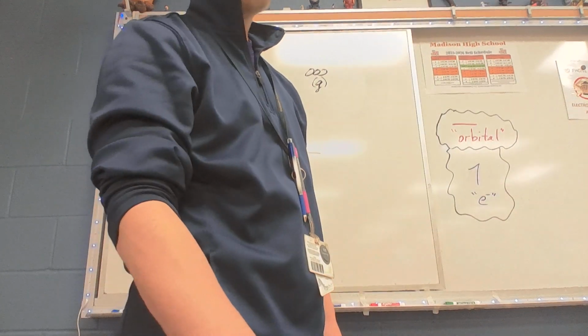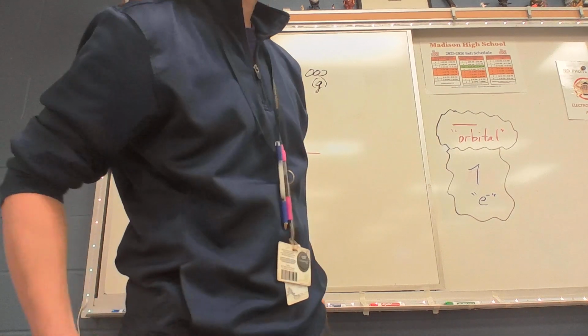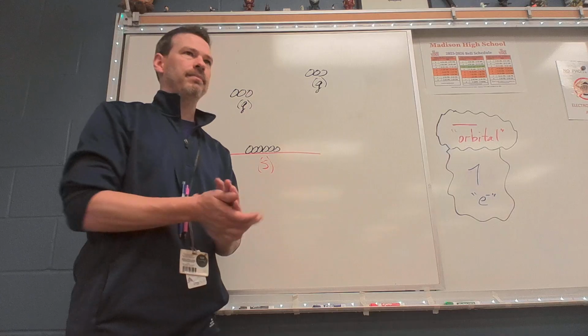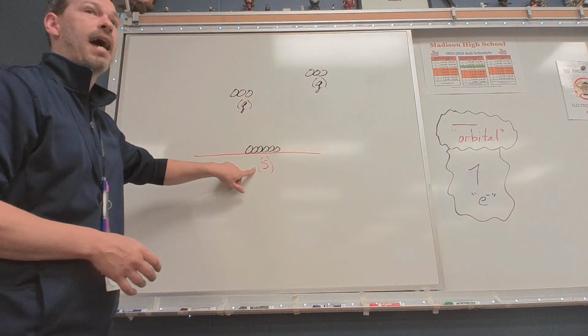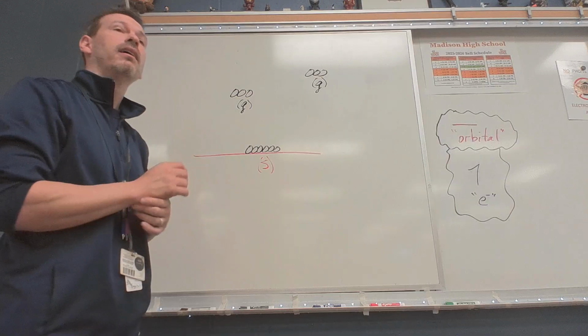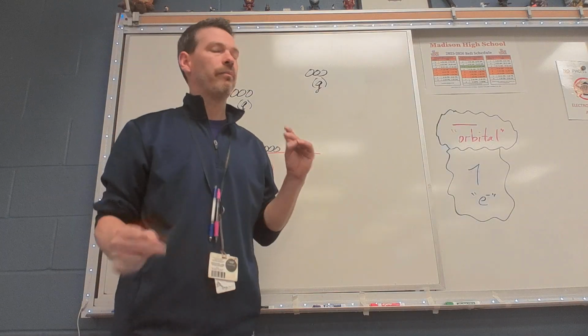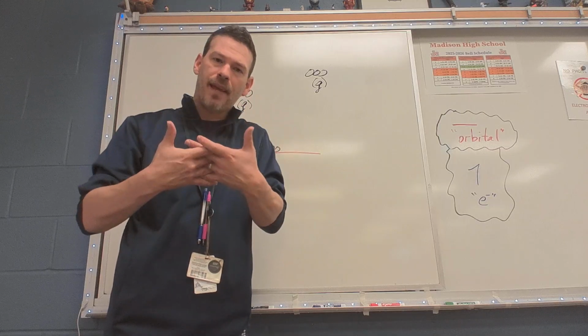A homogeneous catalyst is where they're in the same phase. The red is the catalyst, the black is the substrate reactant. A homogeneous catalyst is one that's in the same phase.